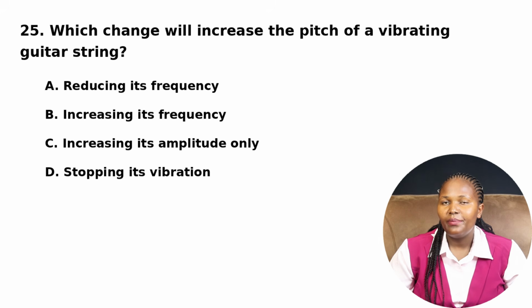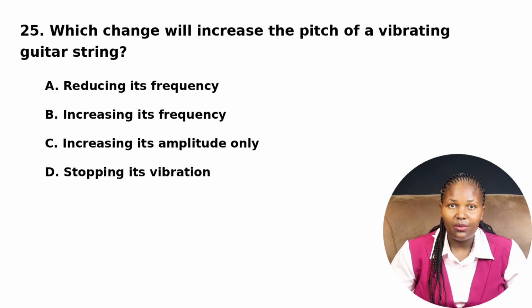Because pitch depends mainly on frequency. You need to learn about frequency effects, that frequency affects pitch, and then amplitude affects loudness. Those are some of the things that you need to know.